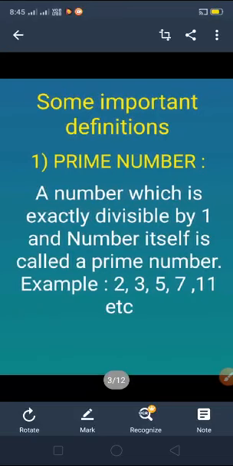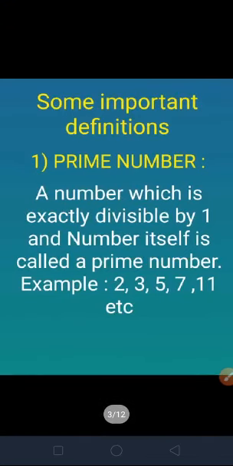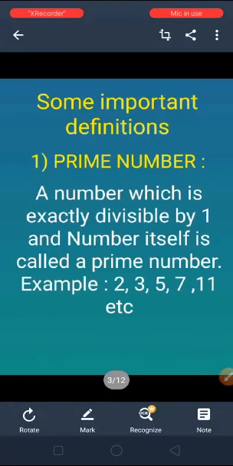Students, before we start the fundamental theorem of arithmetic, I want to tell you some important definitions which are used here. The first is prime number. Students, you know about prime numbers very well, but here we remind you: a number which is exactly divisible by 1 and the number itself is called a prime number.